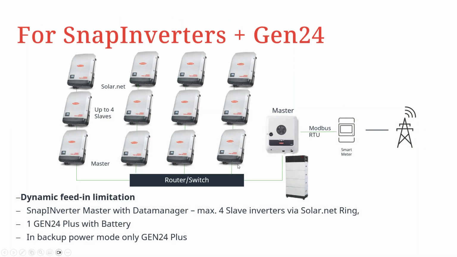To bring it into context, for Snap inverters and Gen24s generally, if you have a backup system, ensure that the Gen24 Plus inverter in this backup system is the master. And if it's a setup comprising Snap inverters and Gen24, ensure that every SolarNet ring has a maximum of 5 inverters.